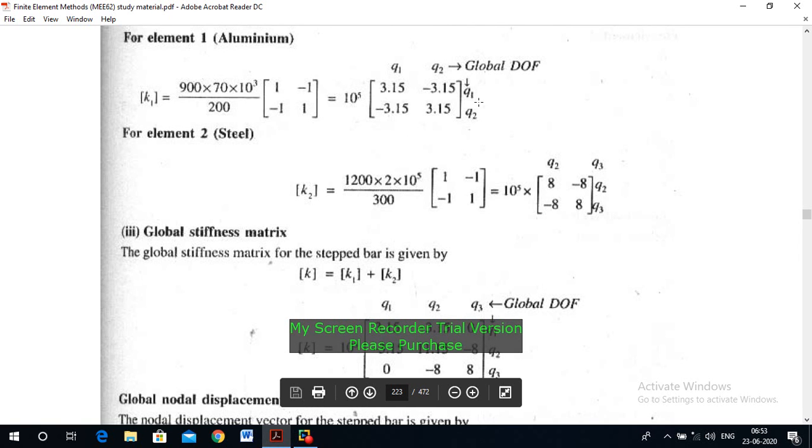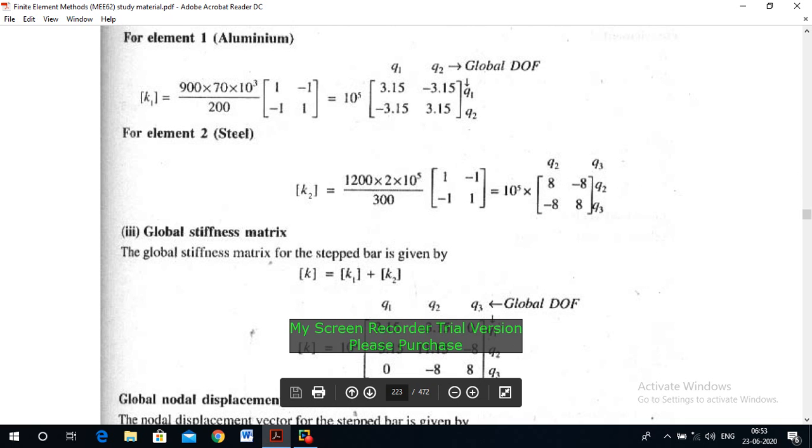In matrix 1 it is minus 3.15, but in matrix 2 there is no element present in the first row, second column, hence minus 3.15.